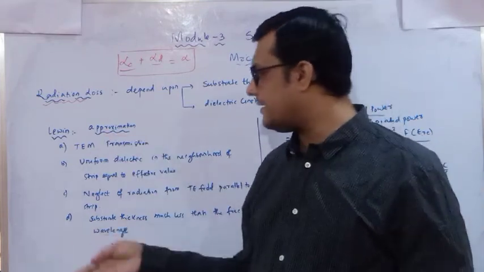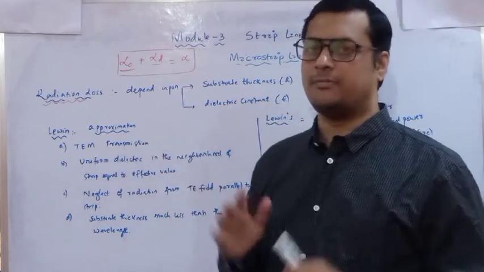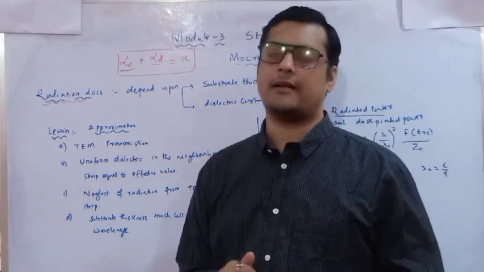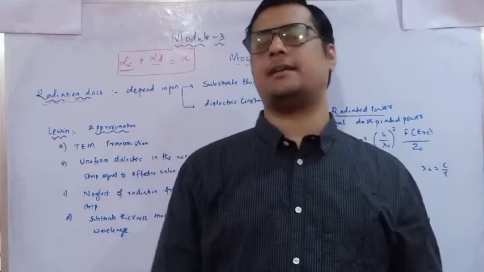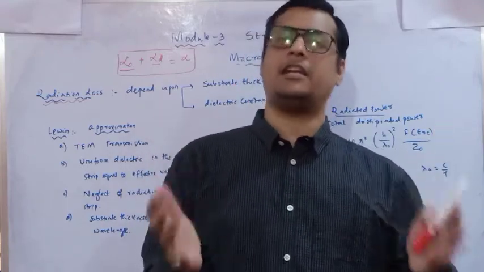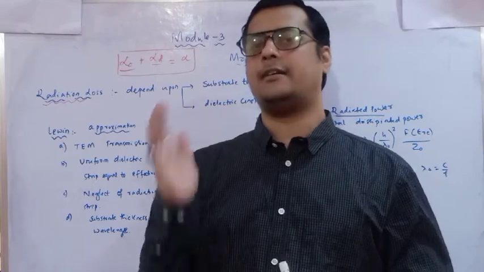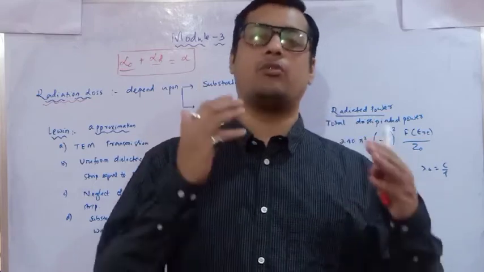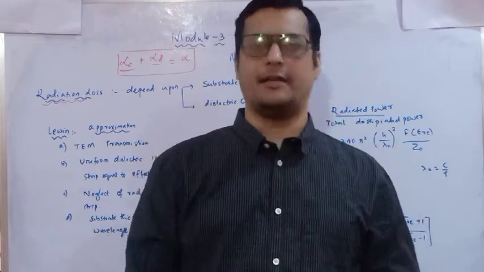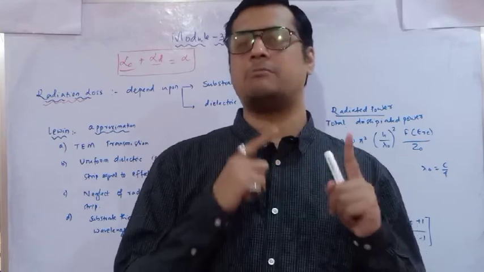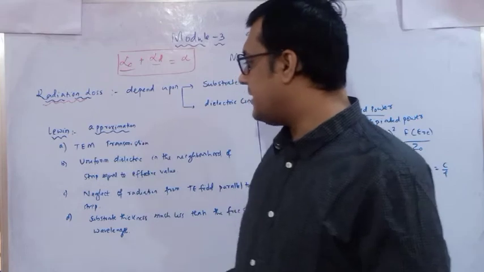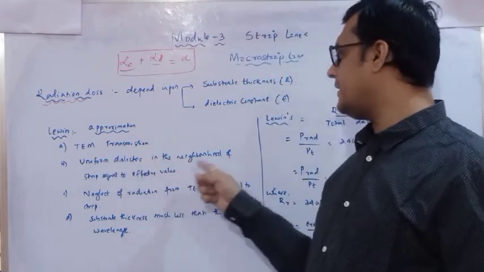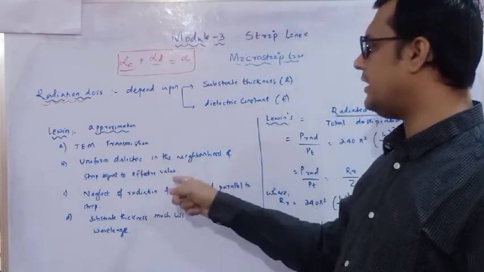He stated that the transmission must be TEM, that means my microstrip line, which is quasi-TEM, his assumption is that it must be TEM transmission. That means at a time the electric field and magnetic field both propagate in a particular direction, and those fields must be perpendicular to each other. Second assumption is a uniform dielectric in the neighborhood of the strip equal to the effective value.